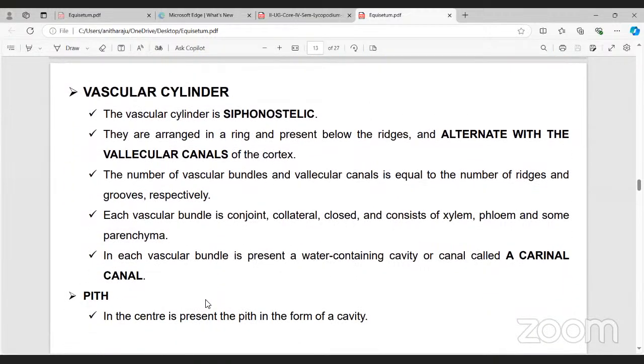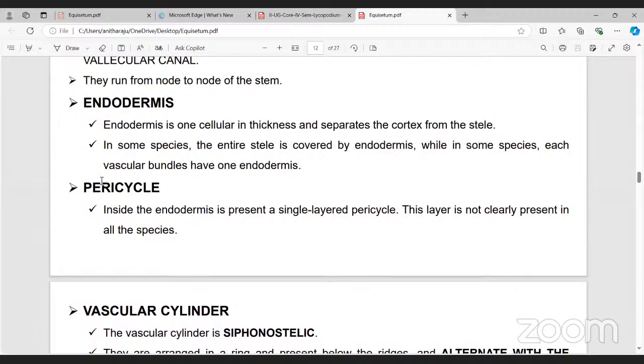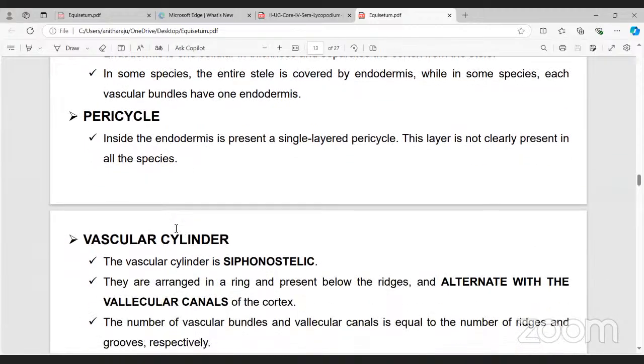Inside the stele, vascular bundles are present. The pericycle is the first layer of the stele, inside the endodermis, a single layer. This is not clearly present in all the species. So the pericycle is not clear, and not important here.